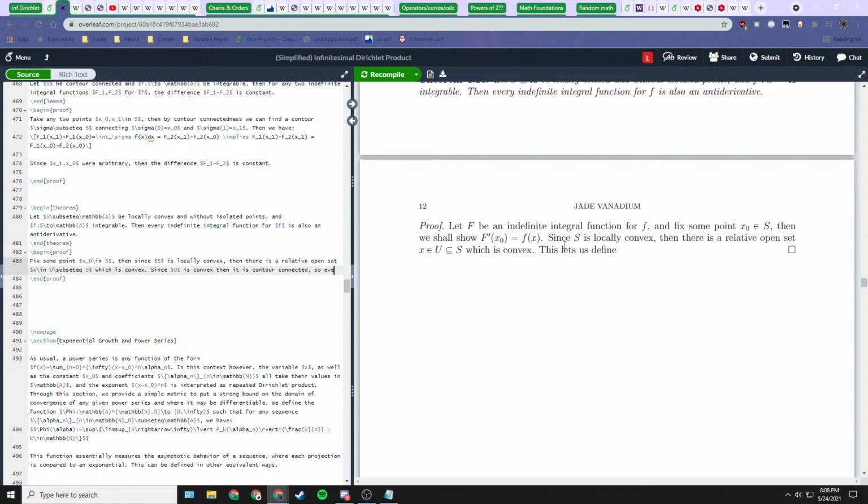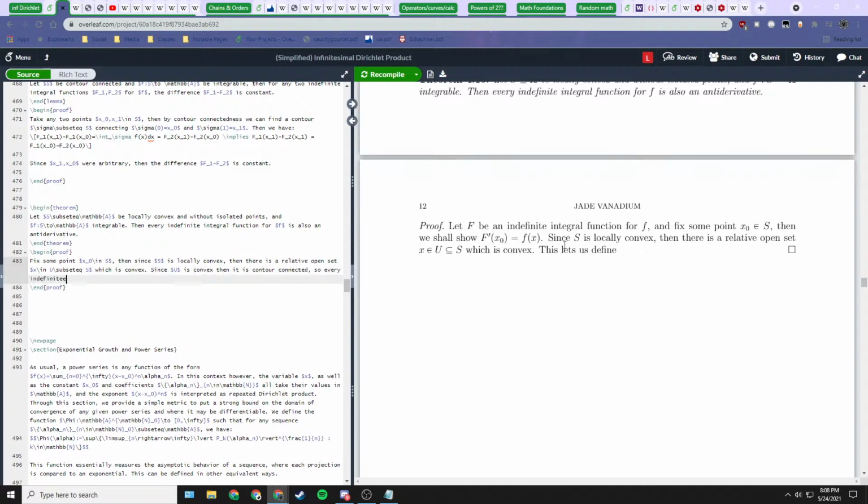So every indefinite integral function agrees up to an additive constant.